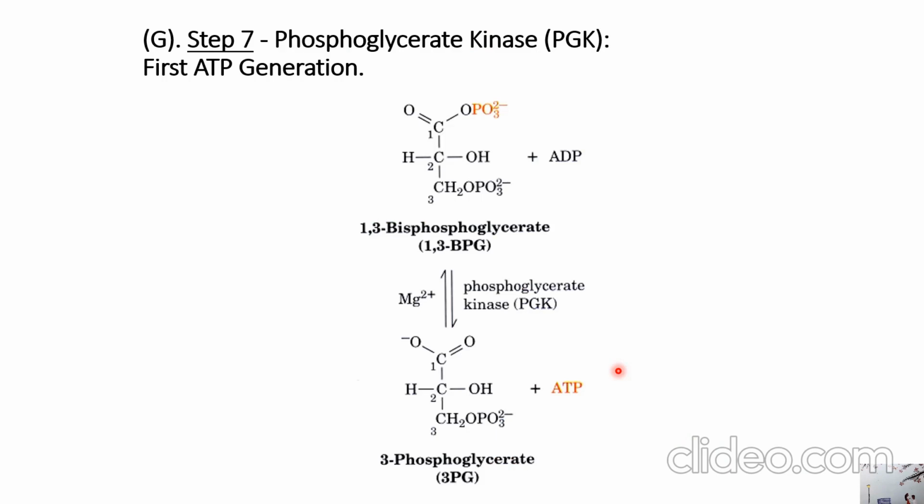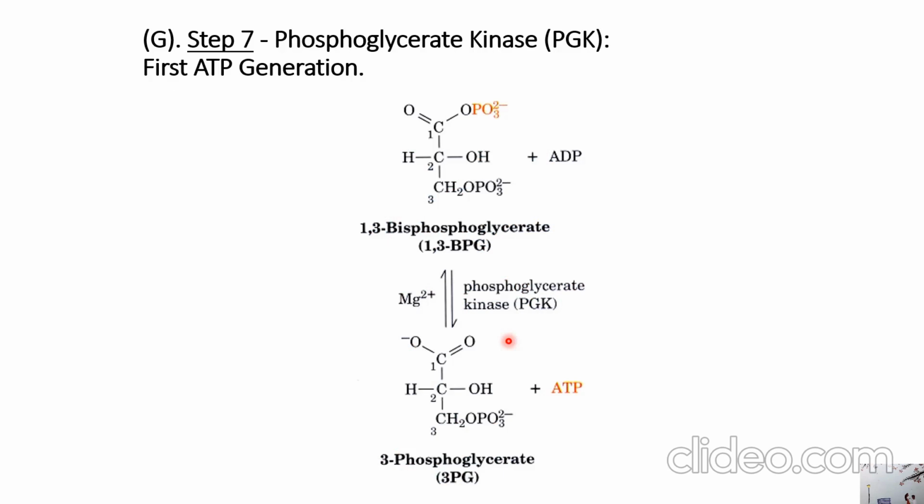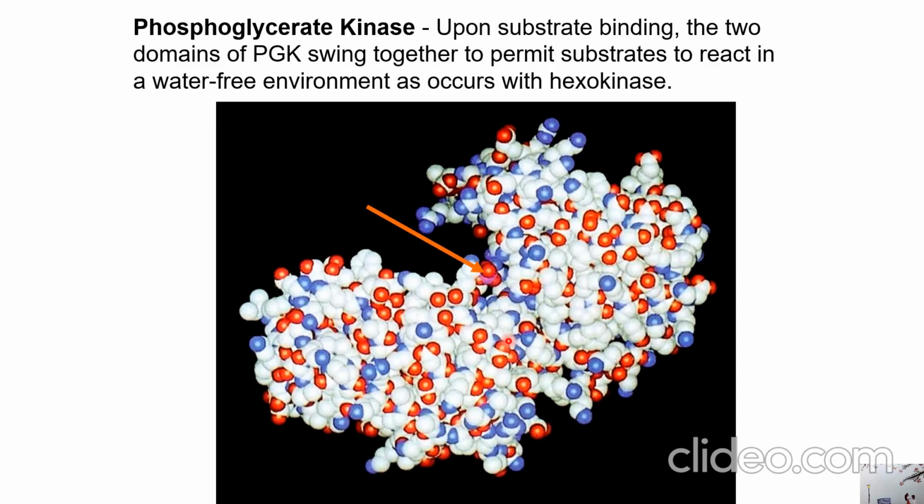Now, phosphoglycerate kinase is helping in the first ATP generation. This is phosphoglycerate kinase and Mg2+. Phosphoglycerate kinase produces ATP. Upon substrate binding, the two domains of PGK swing together to permit substrates to react in a water-free environment, as occurs with hexokinase.